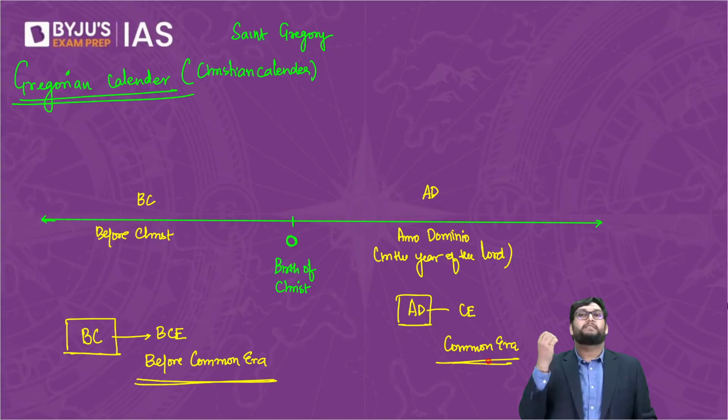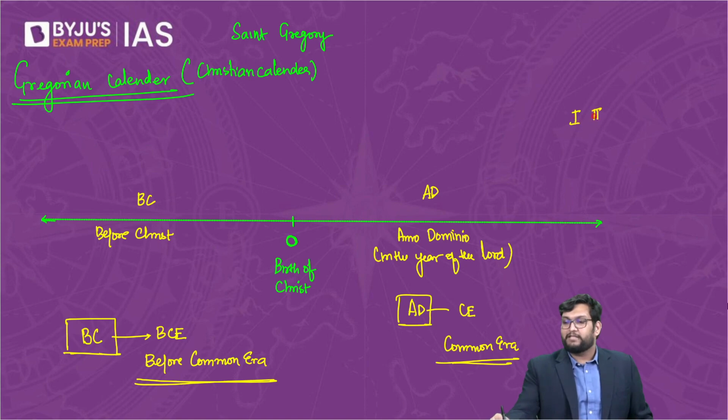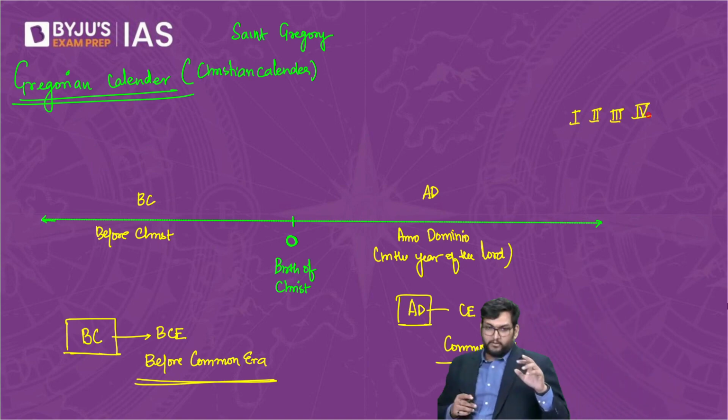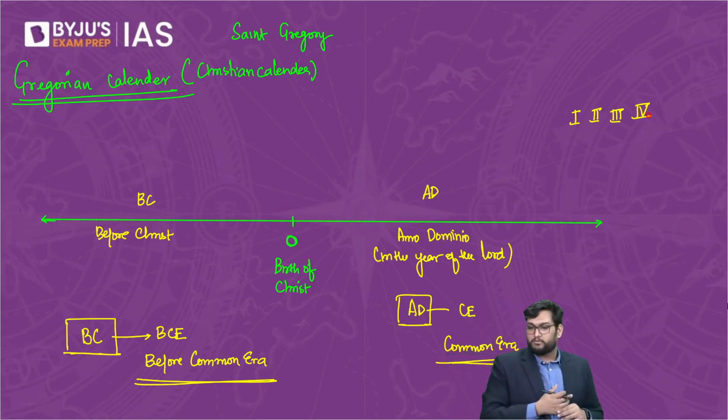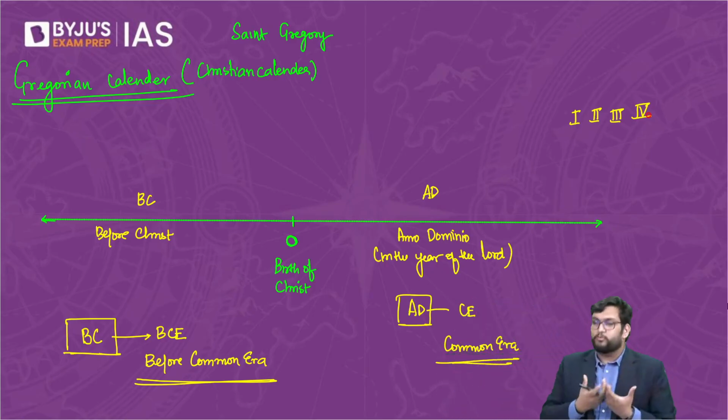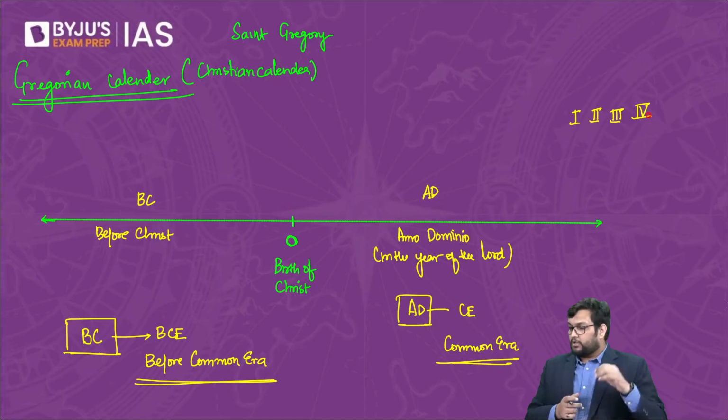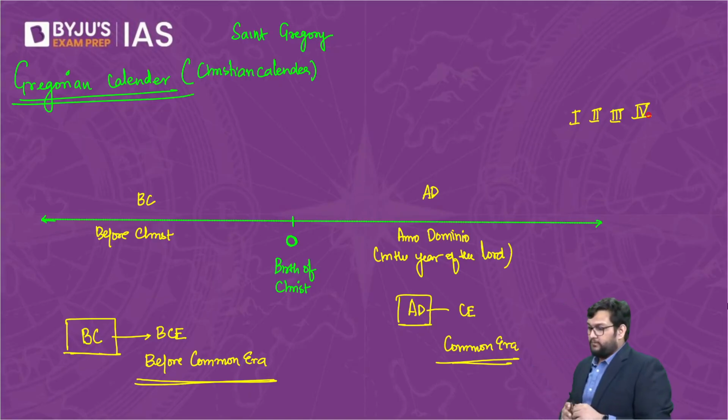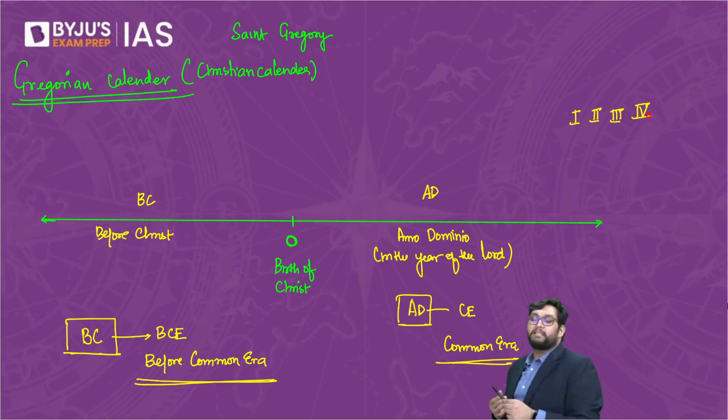You know Roman numerals. Tell me the Roman numeral for 0. Is there any 0? There is no 0 in Roman numerals. Roman numeral starts with 1 only. 1 to 9. That is the biggest issue.